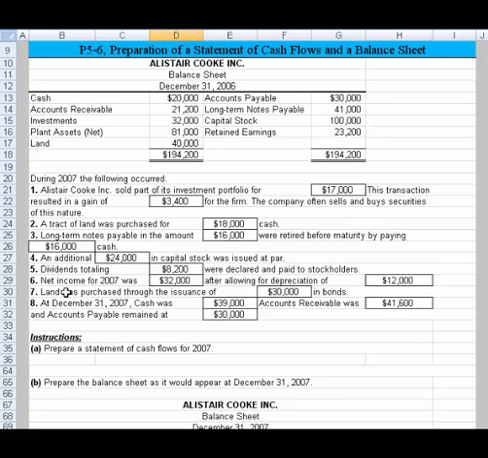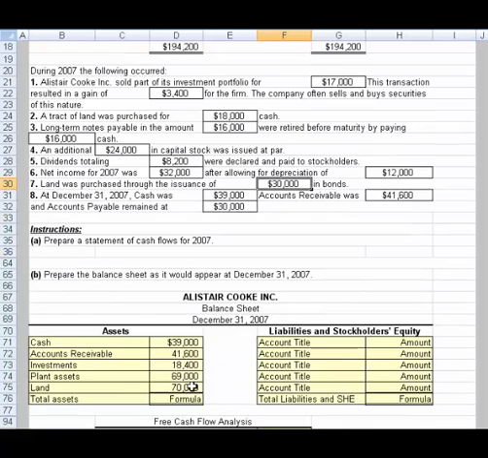Wasn't there? Yeah, land was purchased through the issuance of bonds. Now that's a non-cash transaction in number 7, but we also have to add that in. So let me add in the bonds as well. Number 7. Something's not making sense here. Let me take another look. It's number 2.